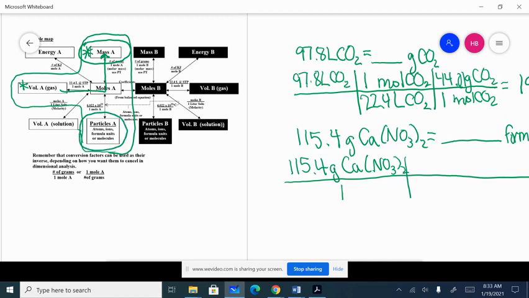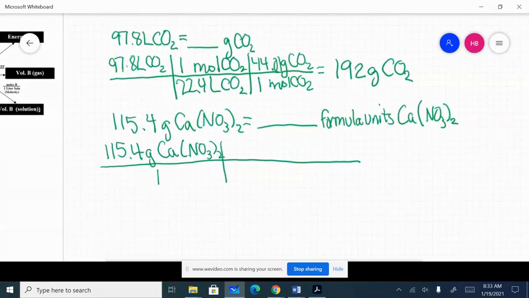Remember, particles, atoms, ions, formula units, and molecules are the only labels and units that we can put on that big giant number of 6.02 times 10 to the 23rd. So I'm starting at grams. I've got to go to moles first, and then I've got to go to particles. That's 2 arrows, 2 conversion factors.